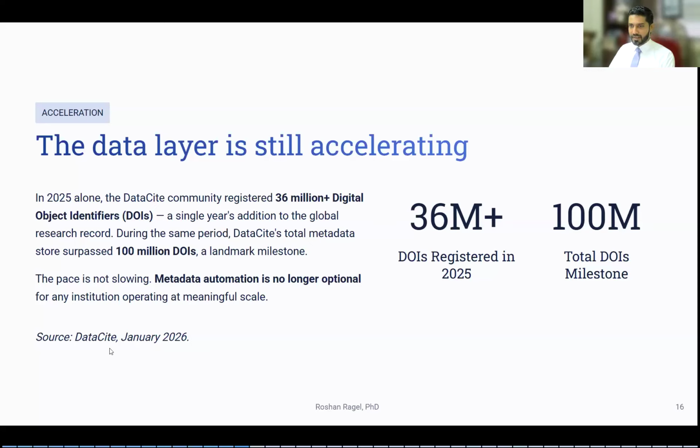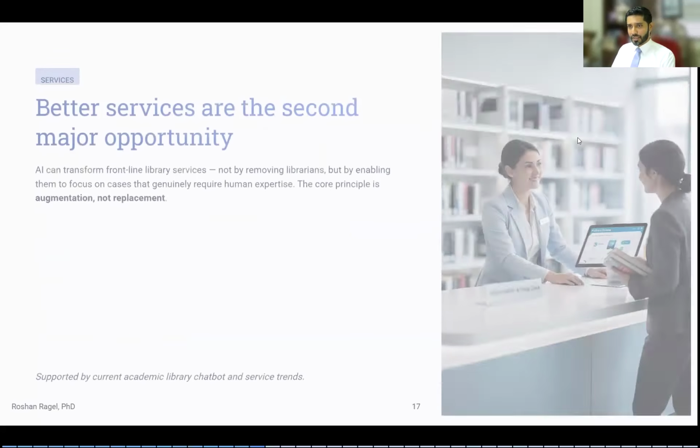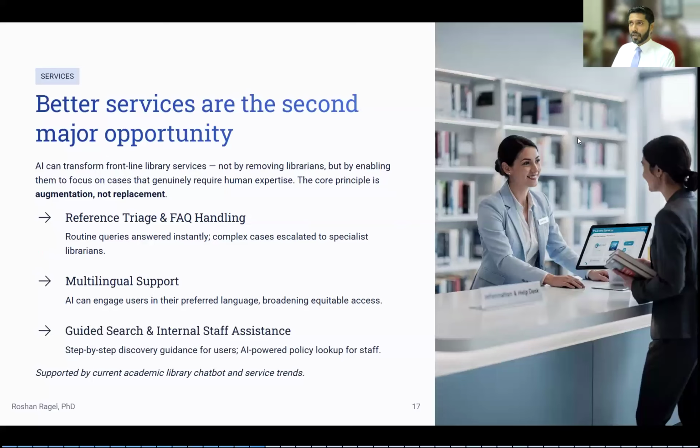This is from DataCite, like I said, those who are running DOI. They have calculated that just last year alone, the number of records added is 36 million. The total records they have is about 100 million. You can see how exponentially the numbers are growing. So there are reasons for libraries to be part of it.